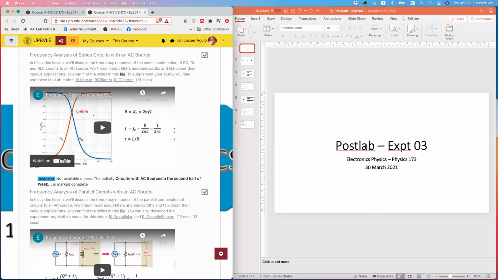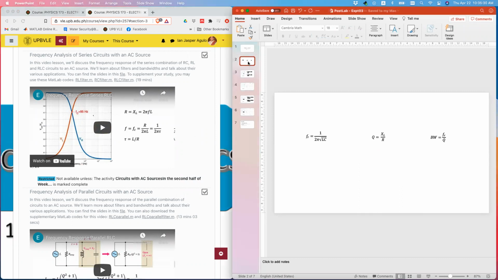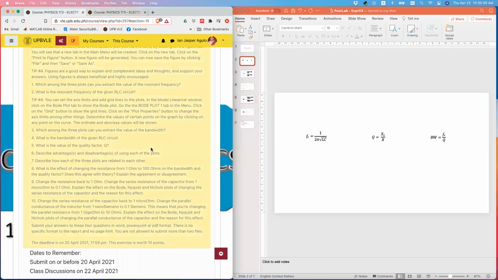Okay, to compute for the resonant frequency of the LRC circuit, quality factor, at saka yung bandwidth. Okay? And then to determine yung bandwidth, syempre ang gagawin nyo lang dun sa circuit o dun sa figure ay kukunin nyo lang yung minus 3 dB.